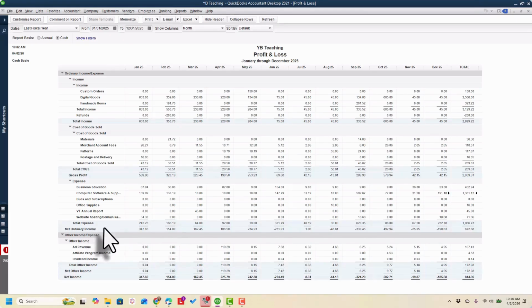So the next thing we want to look at is total expenses for the year. And again, like I said, that's a lot of money. And here's our net ordinary income, which is just business income minus cost of goods minus expenses.